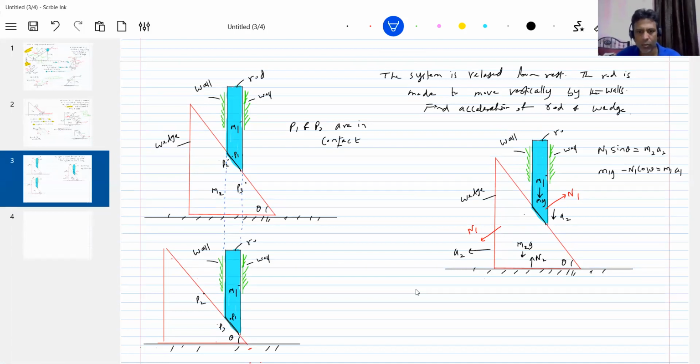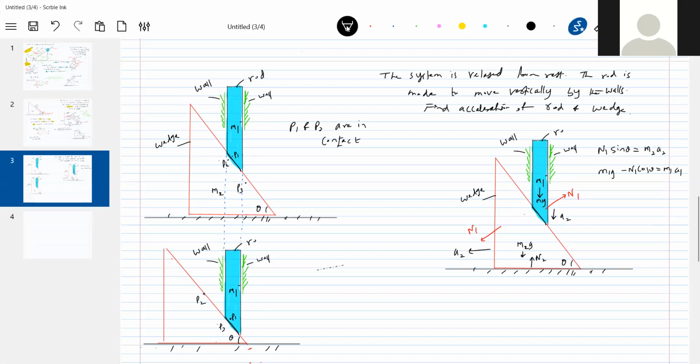I can't show more than this. Tell me, where was the rod earlier in contact? At P2. Now where is it in contact? It is in contact at P3.